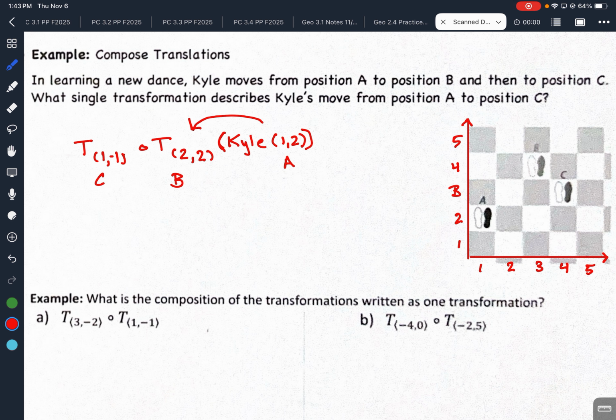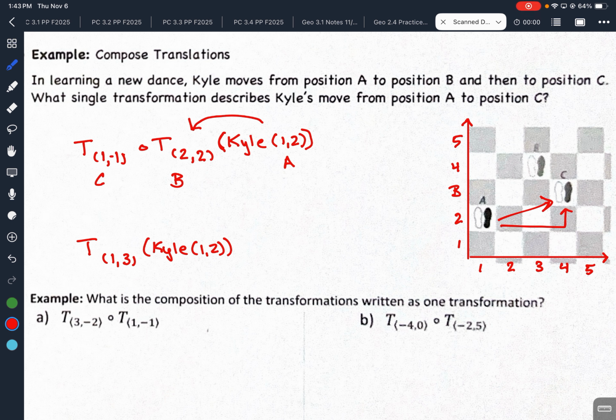What if it wasn't important that I was dancing and I just wanted to go from here to here? You just walk over there. So what would my movement be? Over 3, up 1. So it'd be right 3 and up 1. So 3, 1.